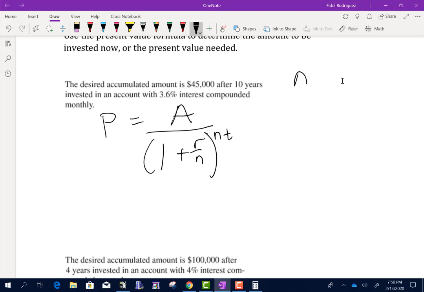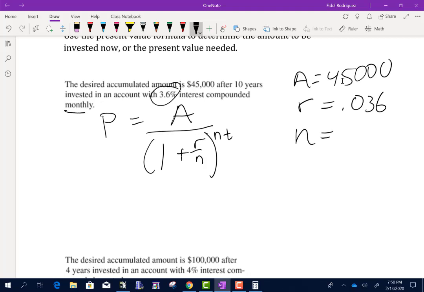Okay, so now let's just fill in our blanks. A, we want to have a total of 45,000. Okay. R, my interest rate is 3.6%, so as a decimal, 0.036. Okay. And compounded monthly, well, there's 12 months in a year. T is my time in years. That's going to be 10. Okay.